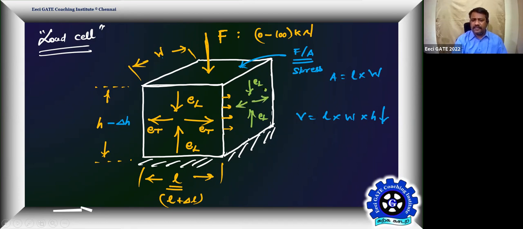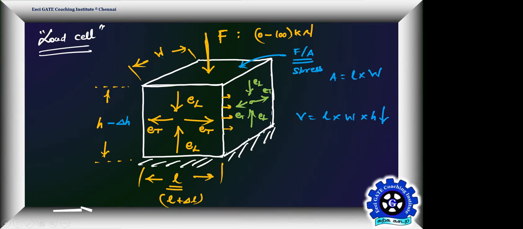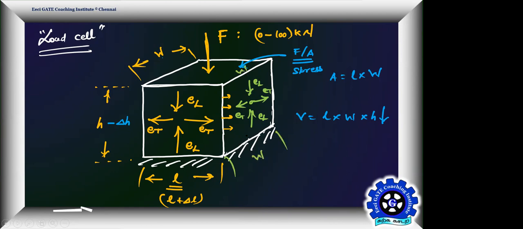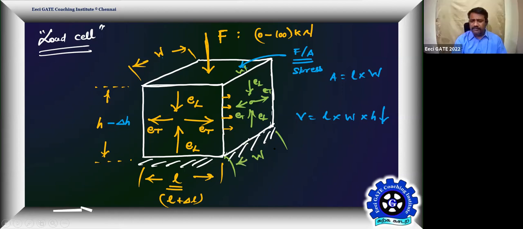Agree? Yes or no? Yes, sir. Then ET is going to increase what? Width. This is width, this is width, this is also width. Agree, everyone? So ET is going to stretch the two sides, which means the width is going to increase. Yes, length is increasing, and width is increasing.